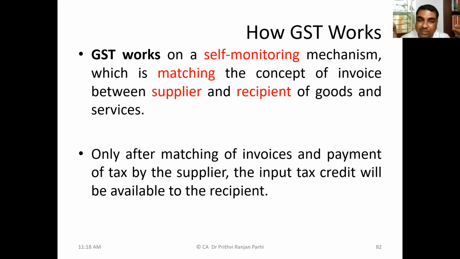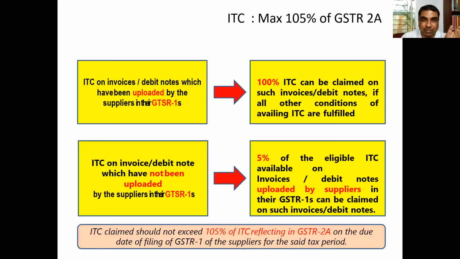So when the supplier's bill and the purchaser's bill match, they can take it. If the supplier has not filed, there will be a mismatch. Even in that situation, the purchaser can still take credit on a provisional basis, and this is the limit in which provisional credit is available.